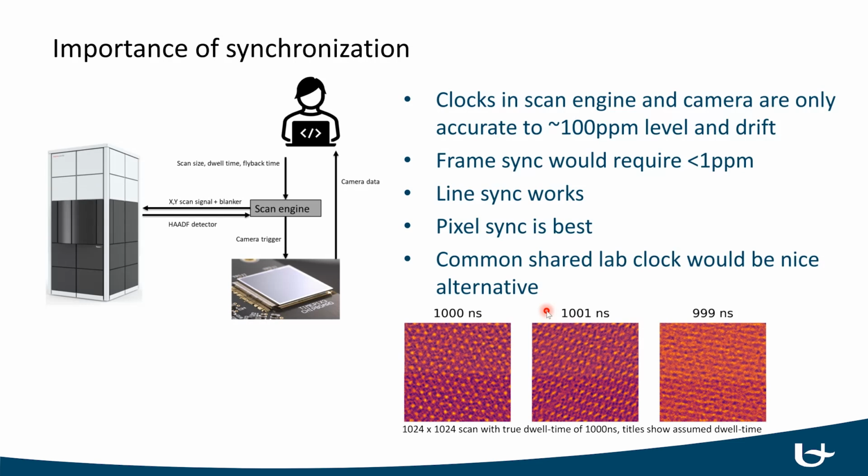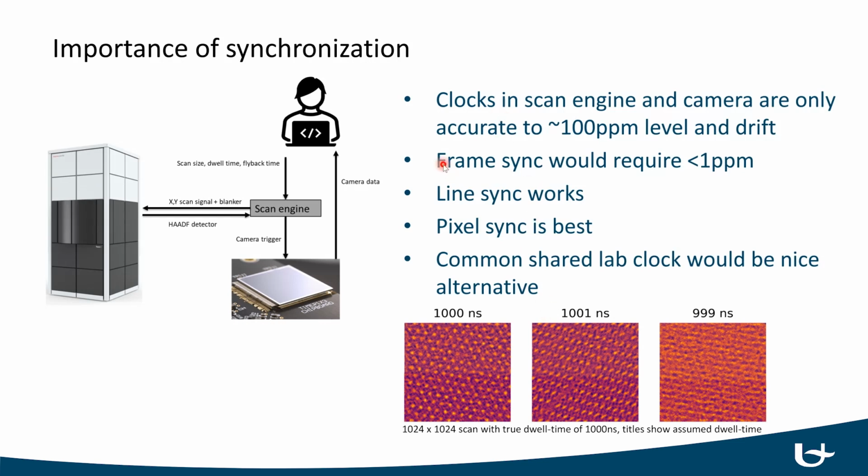If you then scan 1,000 by 1,000 points, you have recorded 1,000,000 points. To keep everything in synchronization, that would require a precision between the two clocks better than 1 ppm, which is not impossible, but is definitely not the case in current electronics. So this doesn't work.